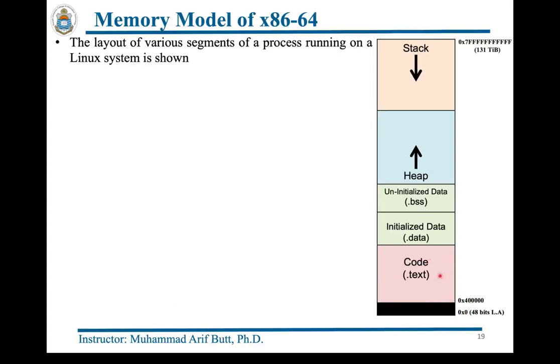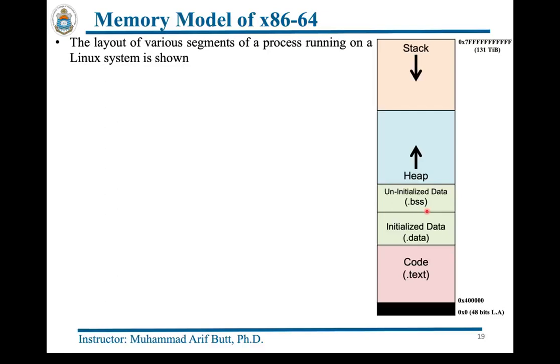And above this code section we have the data section, and we have two parts of the data section: the initialized data and the uninitialized data. Well, this uninitialized data contains the statically allocated variables which are not actually initialized within the code.